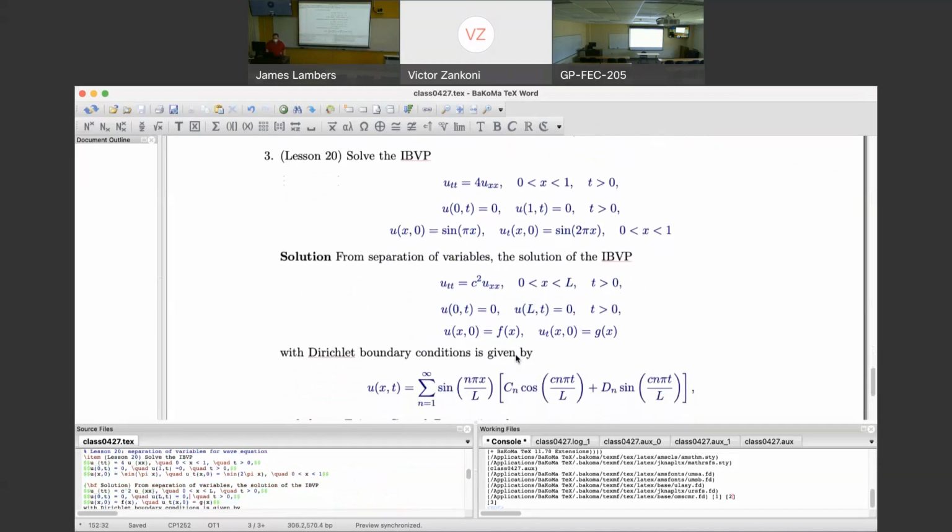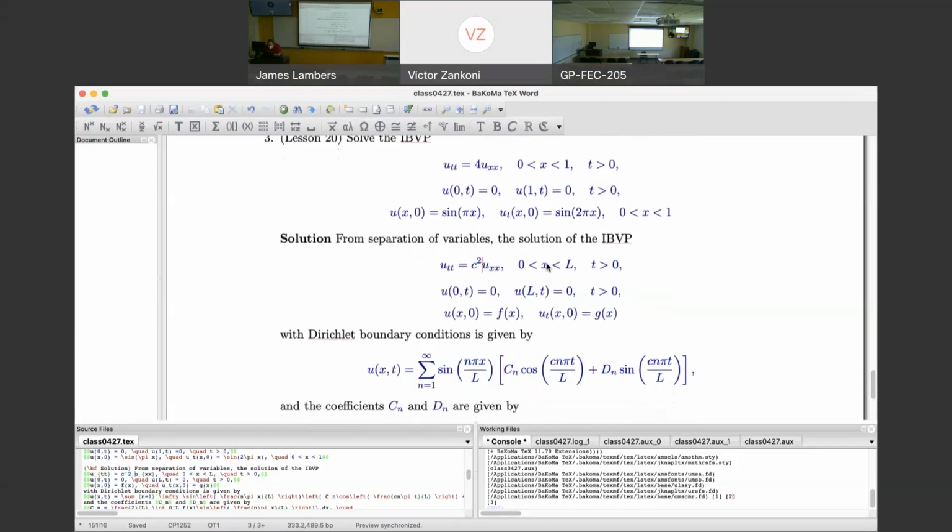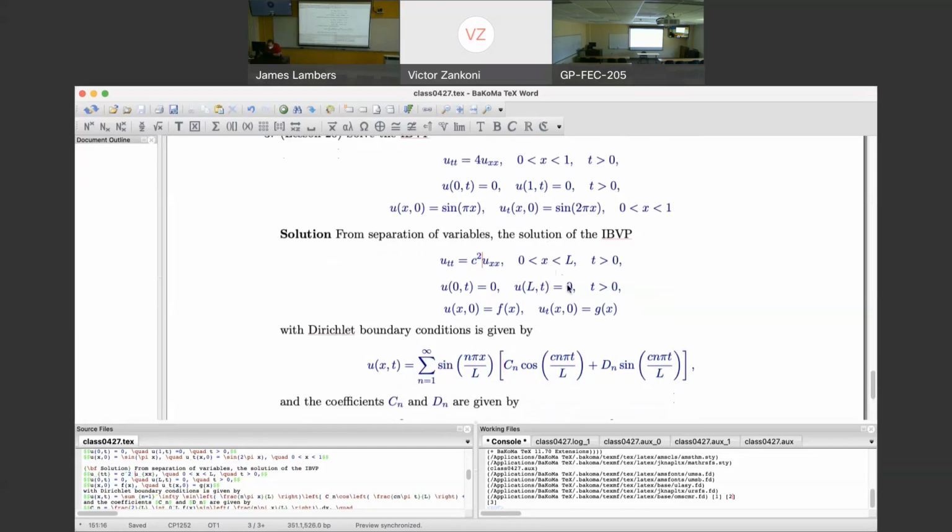That means your solution u of x,t is a linear combination of sine n pi x over L. So this is what we have in general, but then we get to fill in L equal 1. And in this case, the coefficient is c squared. Remember, c squared. Therefore, in this problem, c is going to be equal to 2. So that gets taken into account here.